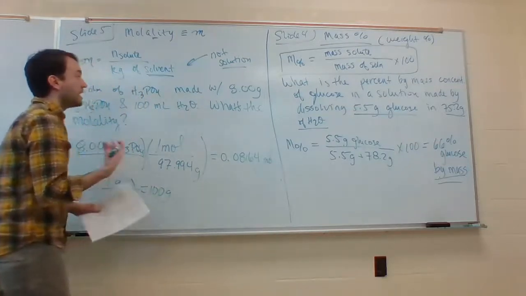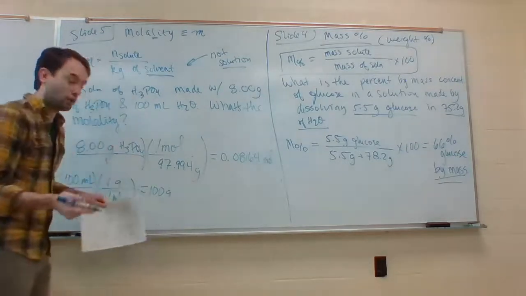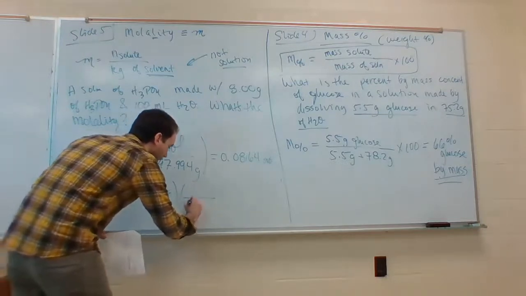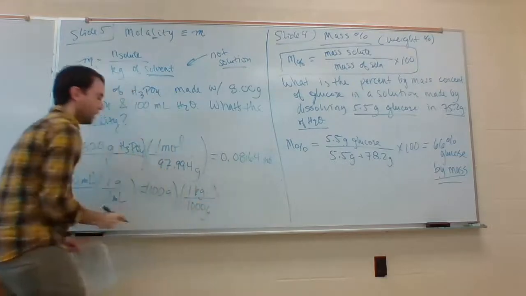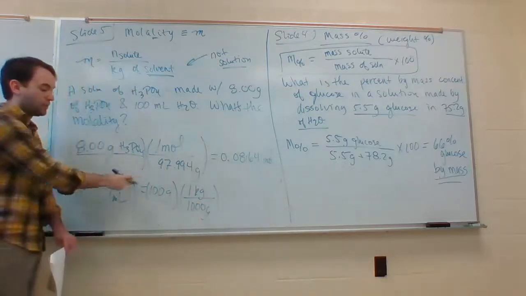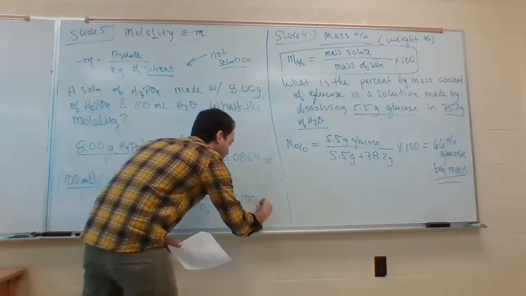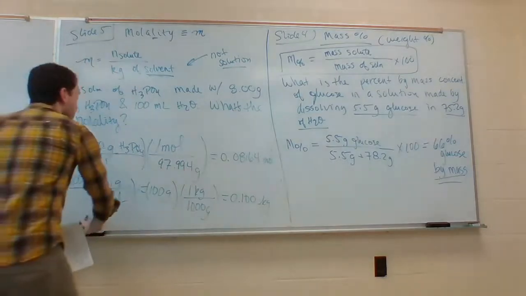Now I need it in kilograms. We know there are 1,000 grams per 1 kilogram, so we put grams on the bottom to cancel, which gives 0.100 kilograms.